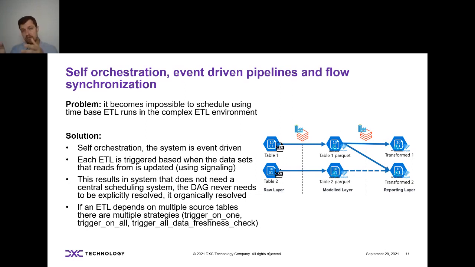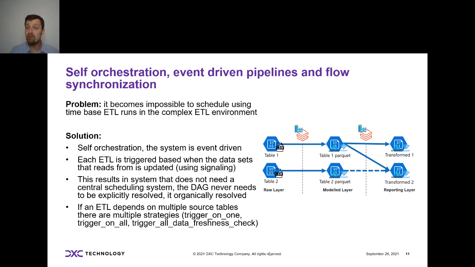And then once those ETLs write somewhere else, again, there's a new event, and no more ETLs are being triggered. And in that way, you basically organically, automatically resolve the problem of the DAG, which is the acyclic graph of your ETLs, right?